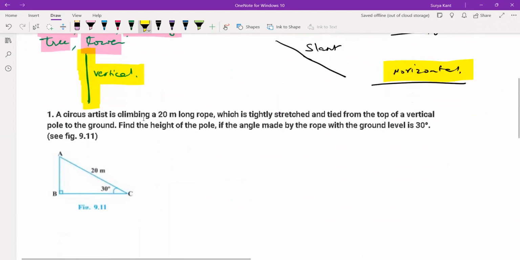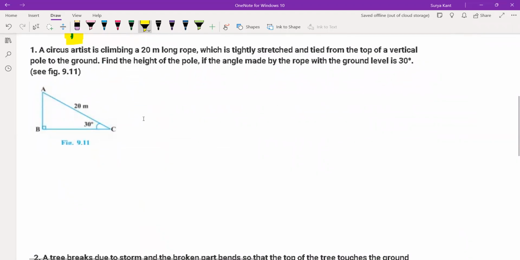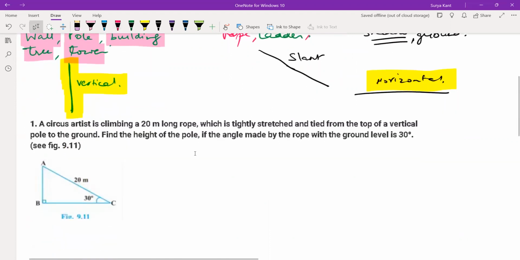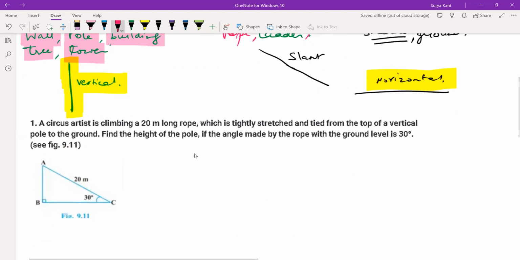First, try to understand the question. A circus artist is climbing a 20-meter rope. Rope also comes under slant, like a ladder. The rope is tightly stretched from the top of a vertical pole.